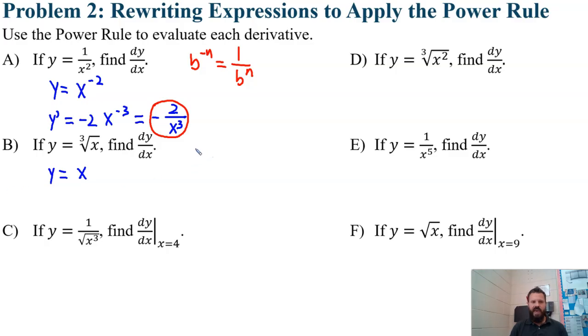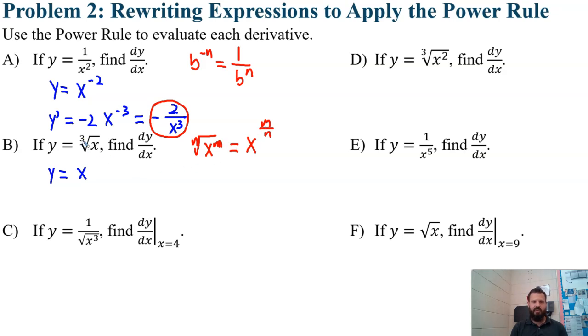The rule for that is if we have, let's say, the nth root of x to the m power, that's equal to, in terms of exponents, x to the m divided by n power, where my denominator is the index of the radical, the type of root we're looking at, and my numerator is any power we're raised to.